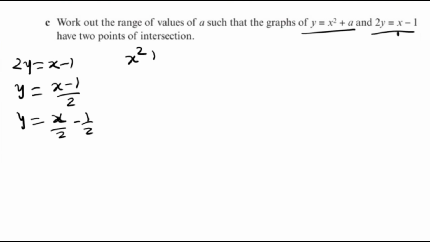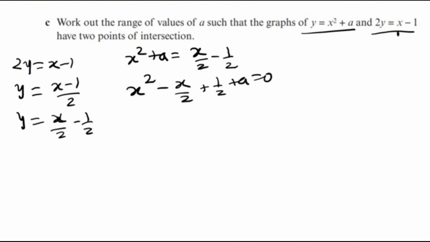So x squared plus a is equal to x over 2 minus half. So we are finding the value of a. So simplify this: x squared minus x over 2 plus half plus a is equal to 0.